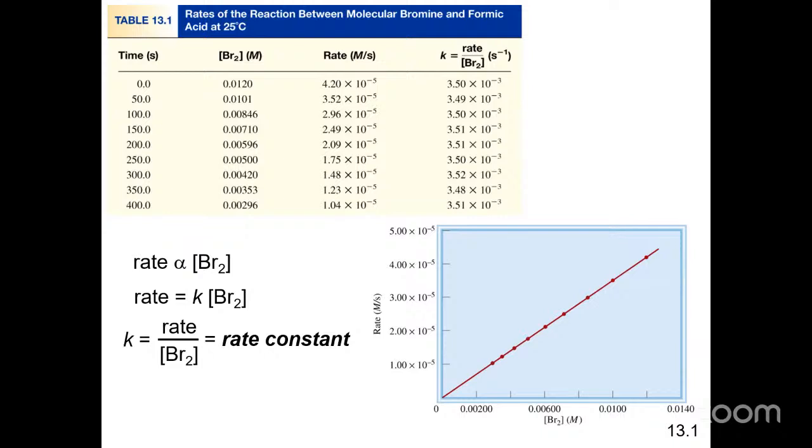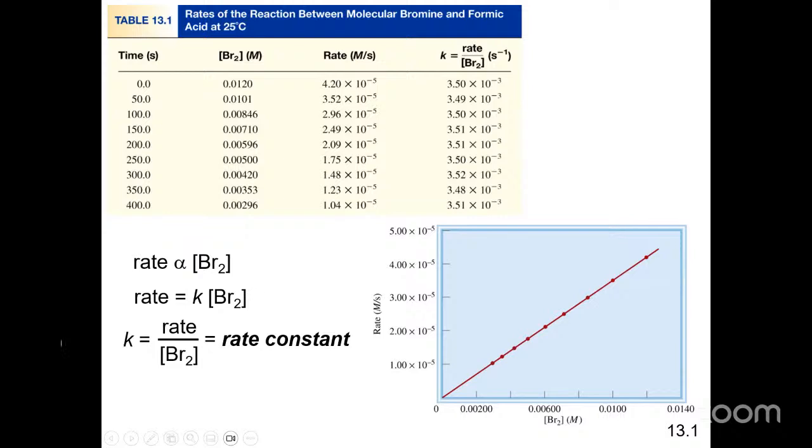Now, let me just say, and we're going to see this shortly, that not all reactions give that direct linear relationship, right? We're going to see some instances where the rate will be proportional to the concentration of a particular reactant squared, for example. In some cases, believe it or not, there are instances where the concentration of a particular reactant does not affect the rate at all, right? So they're different, and the only way you can determine whichever will happen is through experiment, like the one that we just looked at a while ago, all right?